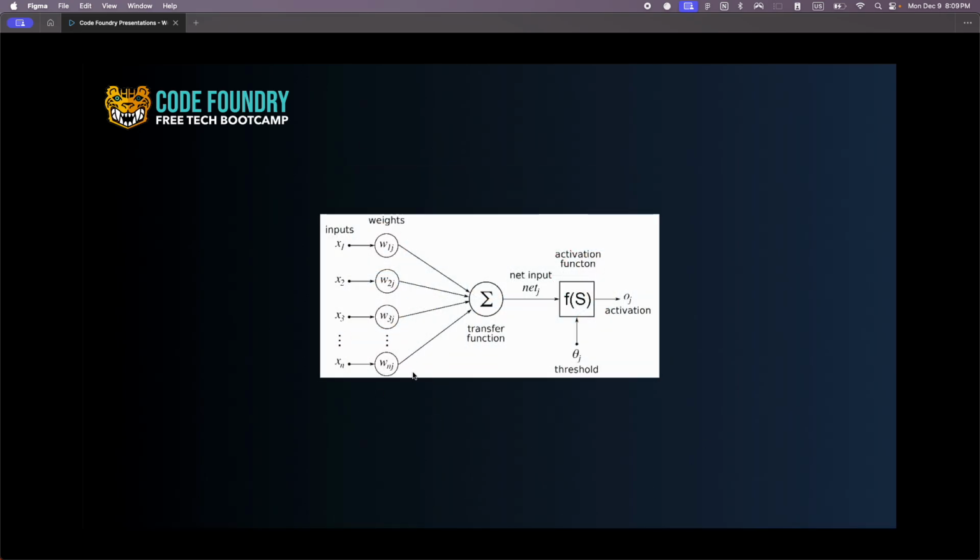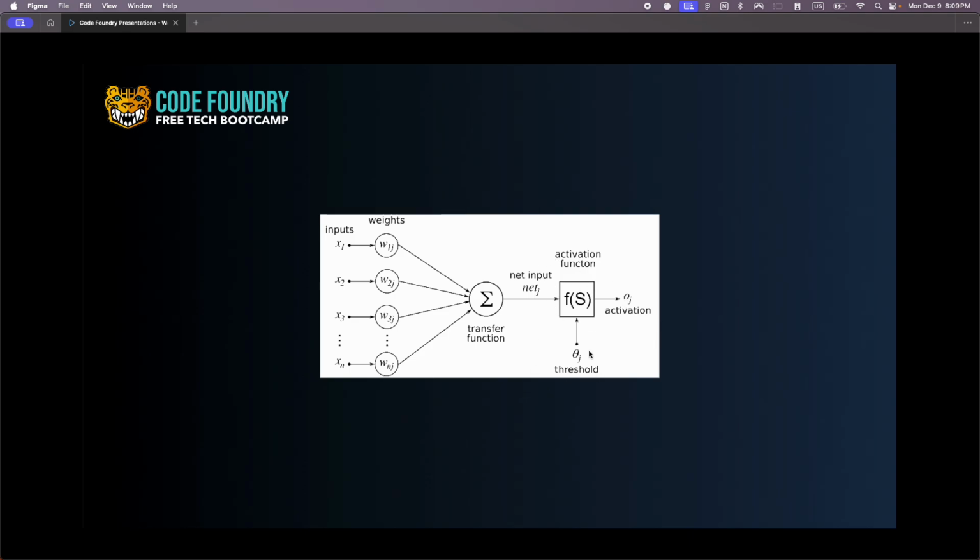Here's an example of everything that's going on. We have our inputs going into each of our weights. That goes to a transfer function, which creates a weighted sum of all of our inputs and our weights. That results in a net input, which triggers our activation function, which either results in activation or non-activation.